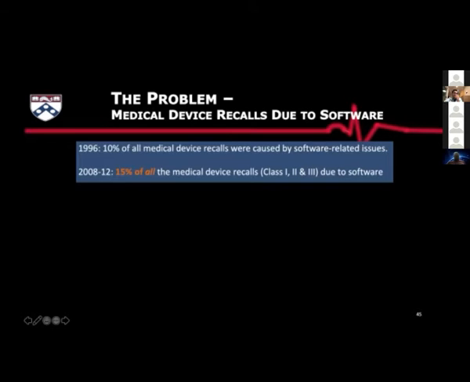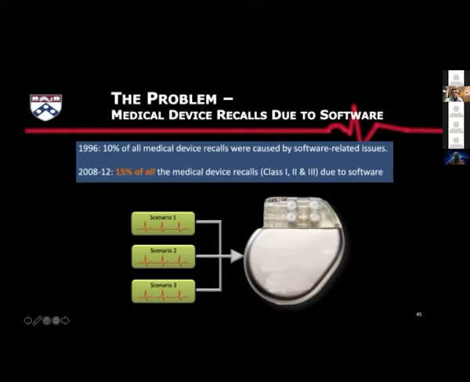Right now, actually, this slide hasn't been updated. The latest numbers are more than 18% of all medical device recalls are due to software issues. The problem here is that these devices, like a pacemaker or defibrillator that are implanted in your body, with catheters put inside your atrium and the ventricle of your heart, are essentially just tested in open loop testing.